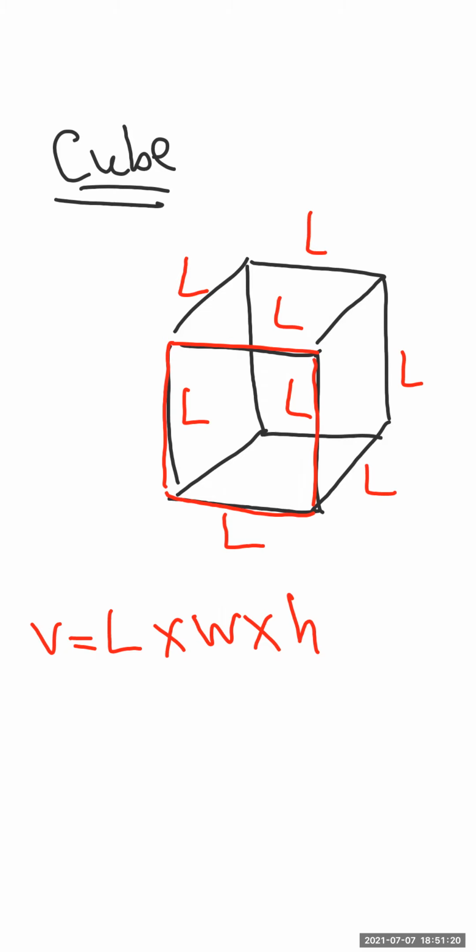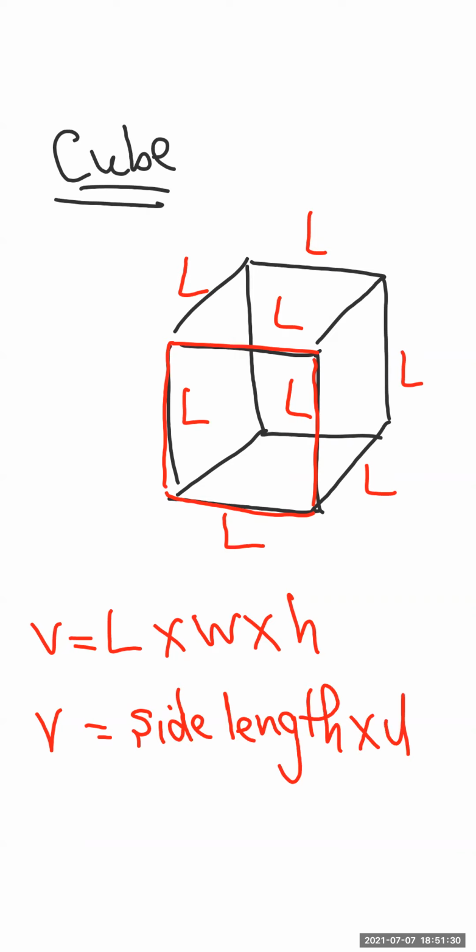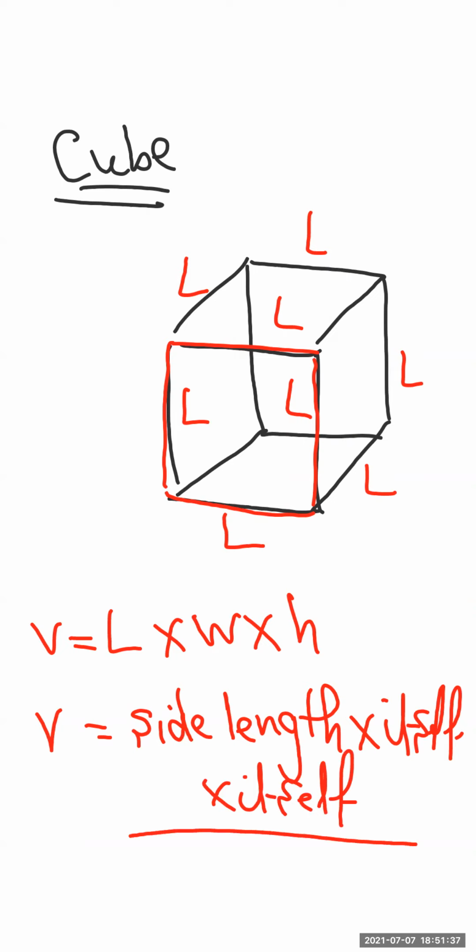So we can say that the volume of the cube equals the side length times itself times itself. So this is the first point, it's the volume. Volume of the cube equals the side length or the edge length times itself times itself.